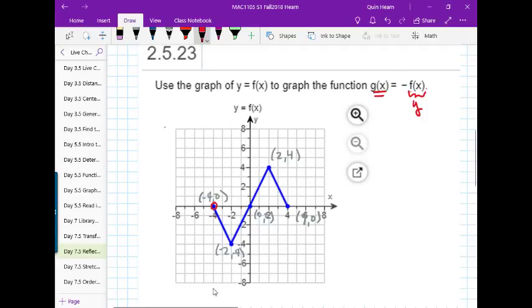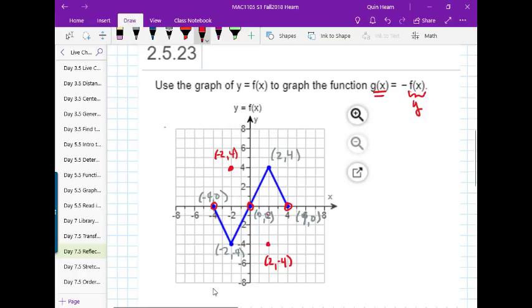But -2, -4, well, when we change the sign of the y value, that's going to become -2, 4. And then 0, 0 is going to stay the same because opposite of 0 is 0. And then instead of going through 2, 4, the opposite of 4 is going to be -4. So we're here at 2, -4. And then here we have 4, 0 stays the same.